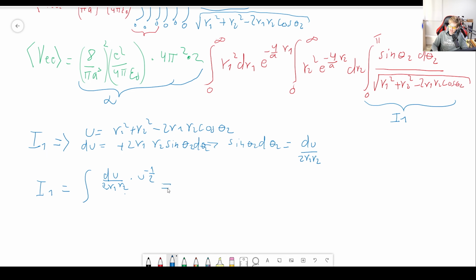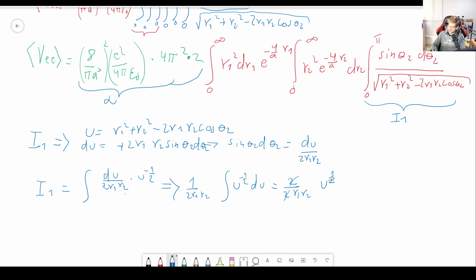And now this is an integral that we should all be familiar with at this point. So let me write it as 1 over 2 r1 r2 integral of u to the minus 1/2 du, which is simply 2 times, so 2 over 2, they cancel out, r1 r2, and then we get u to the 1/2.